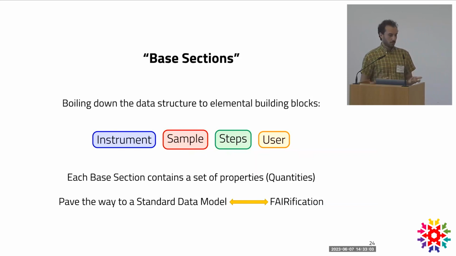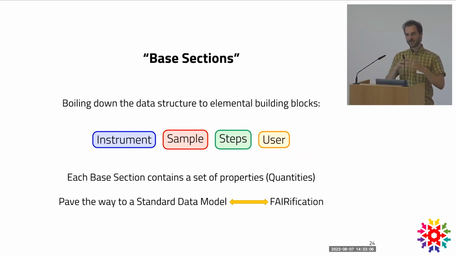We find that commonly we can describe almost all experiments, at least to some extent, with the same set of base sections. Here are a few examples, such as the instrument, the sample, or the steps of the process, the workflow that we usually do in the lab, and many other things. This is the starting point for the development of a standard data model that also leads to a verification of the data, whenever this model acquires a wider impact in the communities.